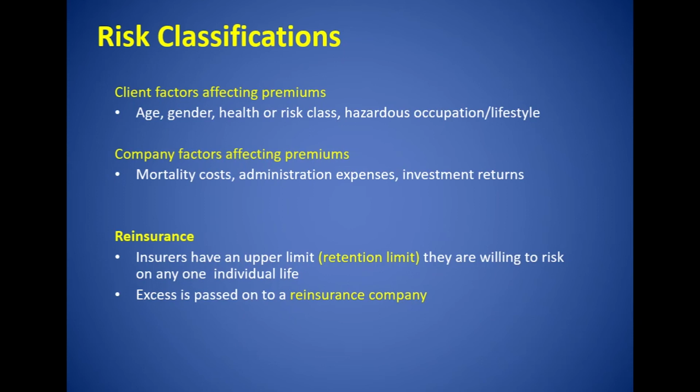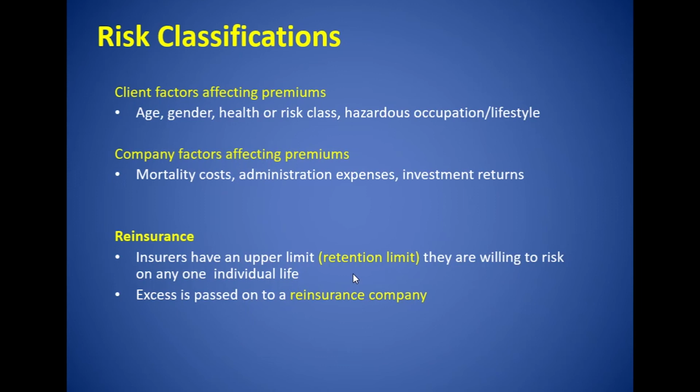And so insurers want to make sure that, in situations where we have high risks per individual, they are only willing to retain the risk up to a certain amount. This is referred to as their retention limit.